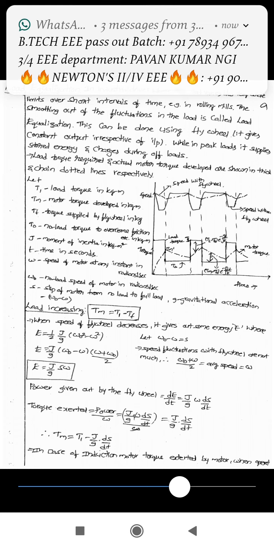Now the load torque required and actual motor torque developed are shown in the chain dotted lines respectively. See that picture: one axis, the x-axis, is taken as time, and the y-axis is considered as torque and speed. The dotted lines indicate speed with flywheel and speed without flywheel for dark lines.